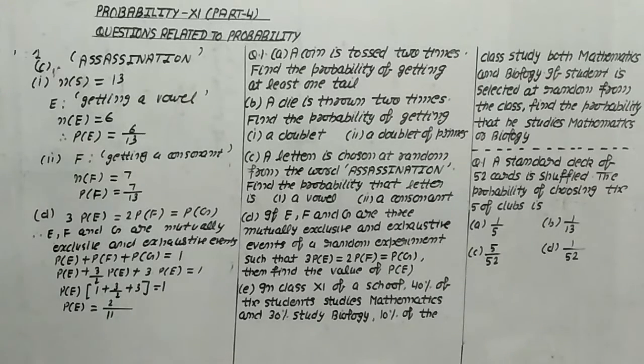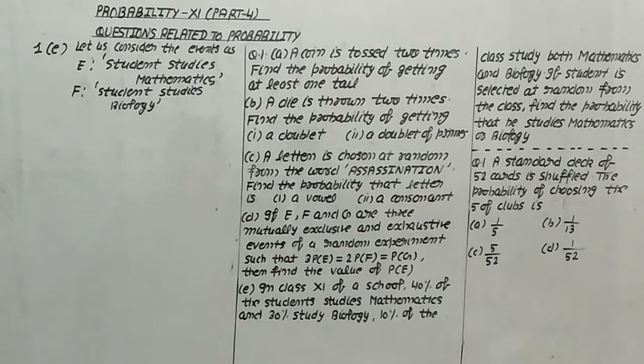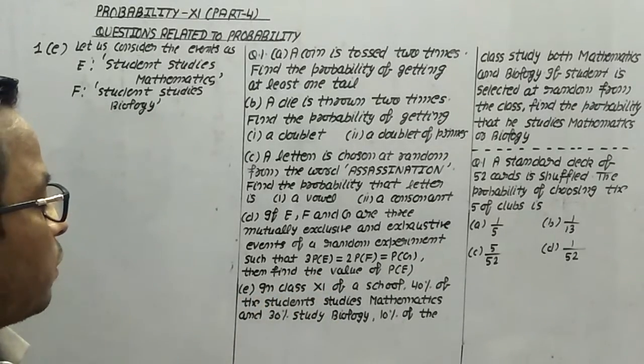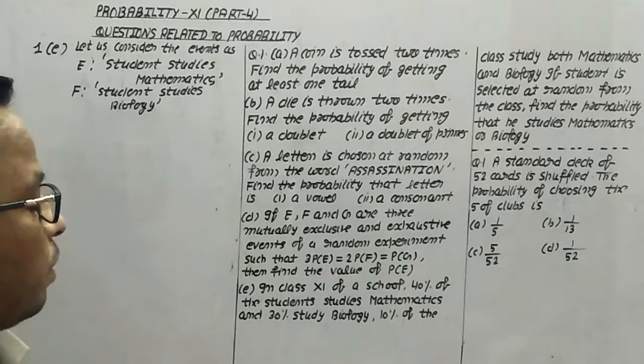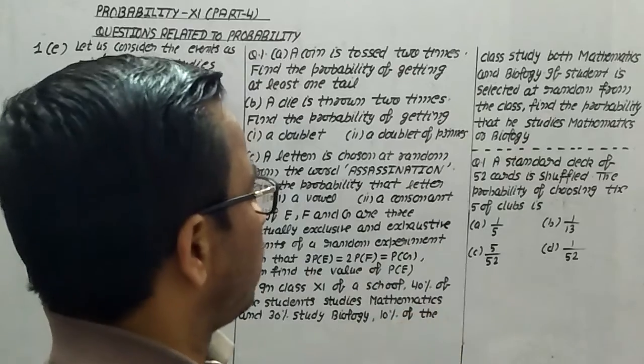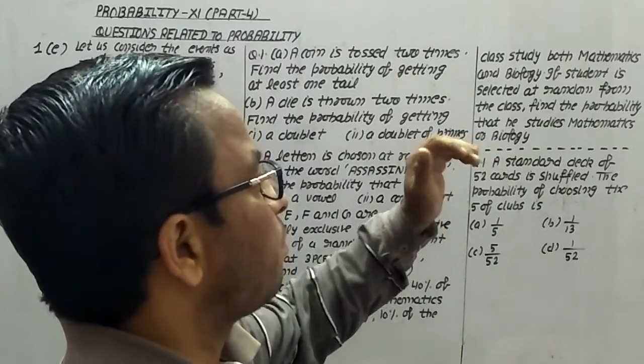Now let's start the solution of question number 1, E part. In this E part, in class 11th of a school, 40% of the students study mathematics and 30% study biology. 10% of the class study both mathematics and biology.